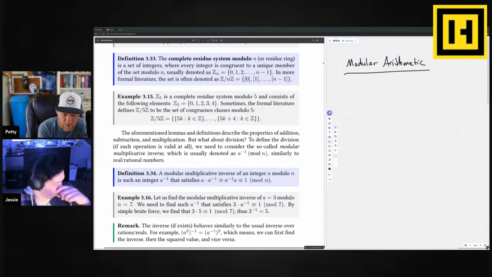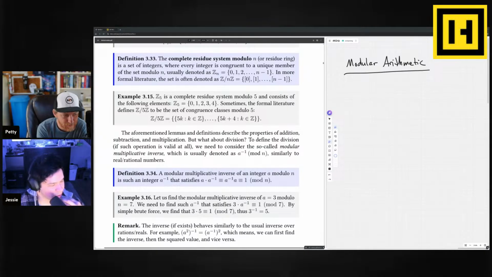If you look at the set 0, 1, 2, 3, 4, the complete residue system, it's 5k plus 0, which is just 5k, up to 5k plus 4, which is the end of the set. Do you have any intuition for what this structure actually is doing for us? Me neither. I'm just going to keep reading, and hopefully something will click.